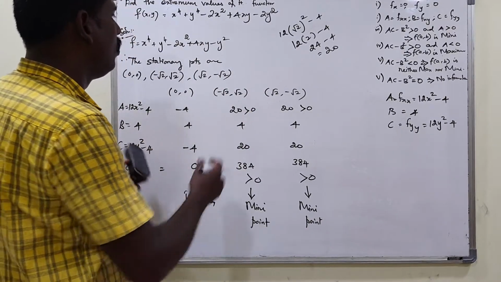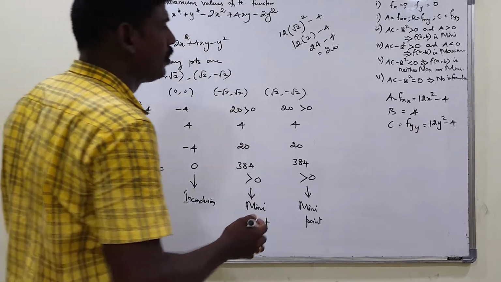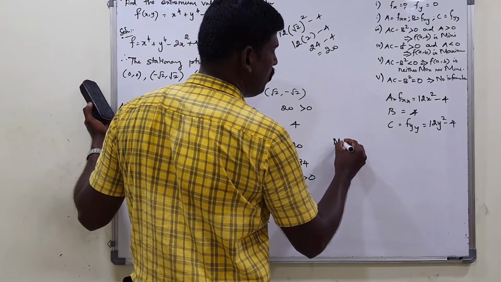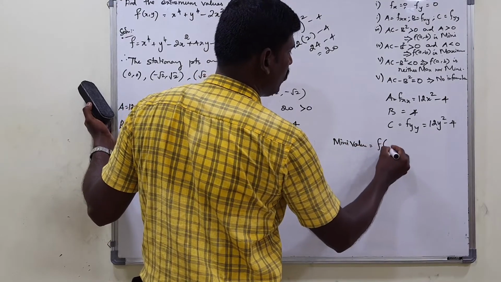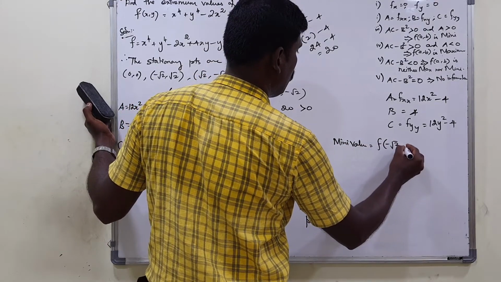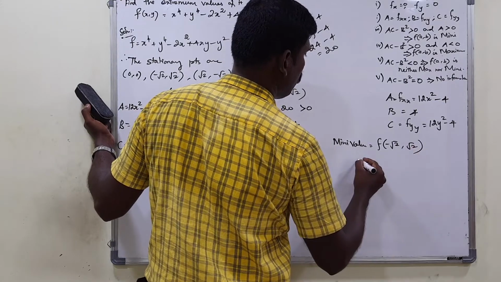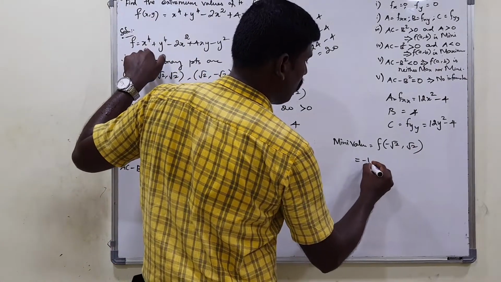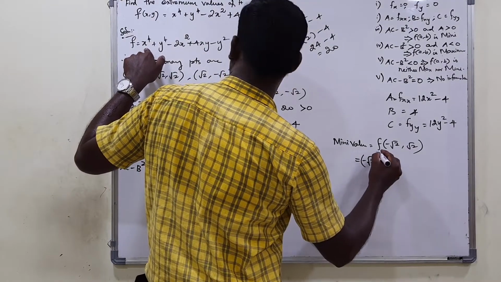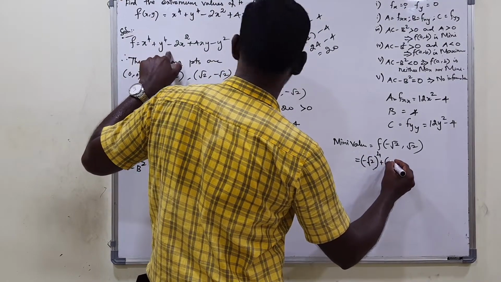To find the minimum value, substitute this point into the given function, you can get the minimum value. So minimum value is equal to f at (minus root 2, plus root 2). What you will get? Substitute here. Minus root 2 power 4, plus y power 4.